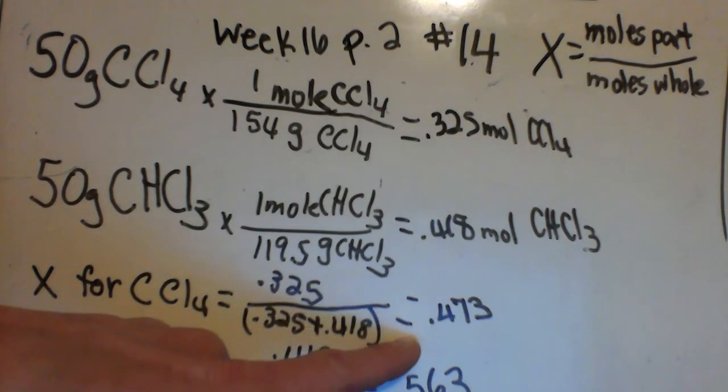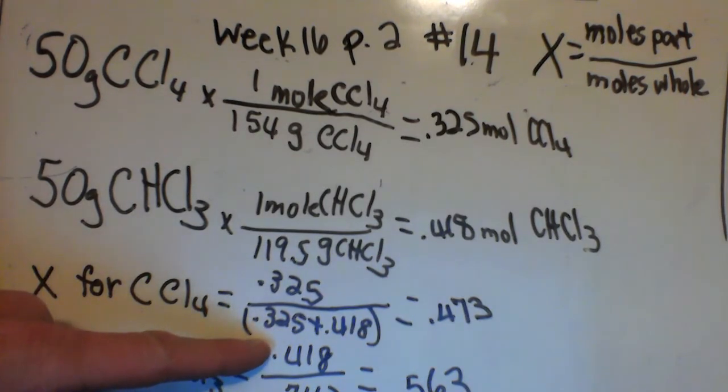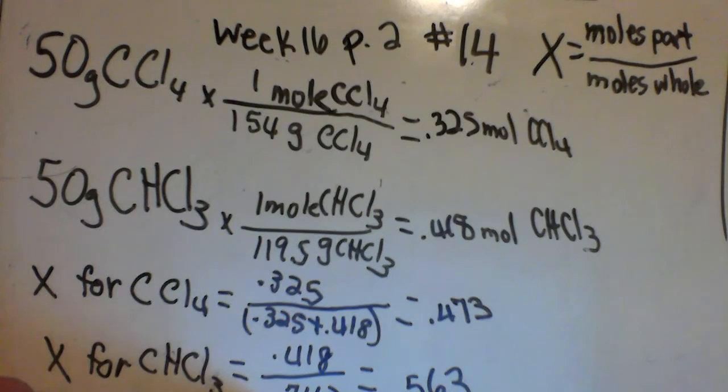When we do the math, it comes out to 0.473 for carbon tetrachloride. For chloroform, we have the number of moles of chloroform on the top, because that's the part we're looking for. We have the total number of moles of the whole solution on the bottom. When we do the math, we get 0.563.